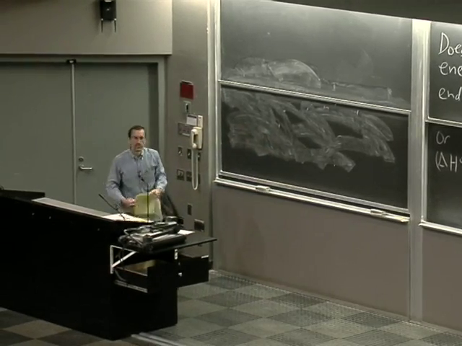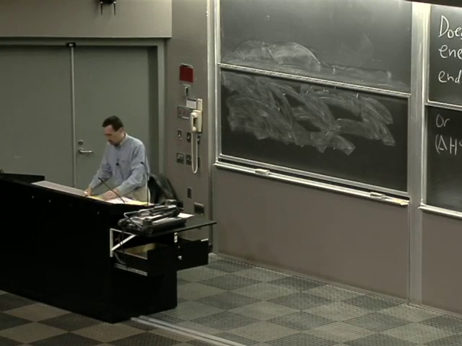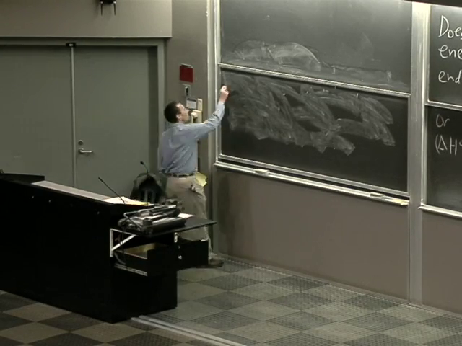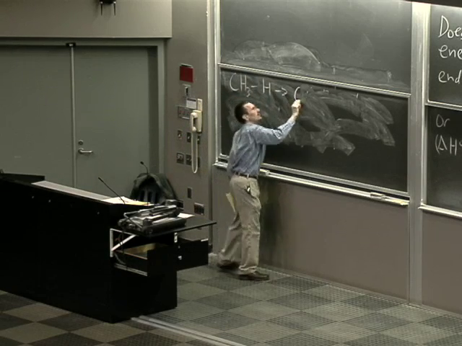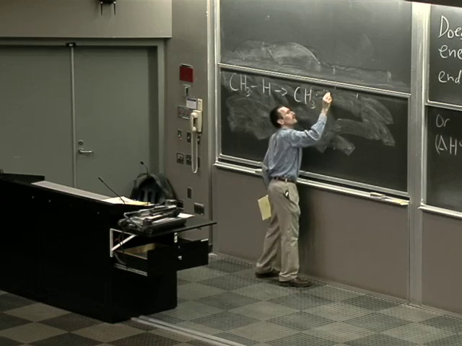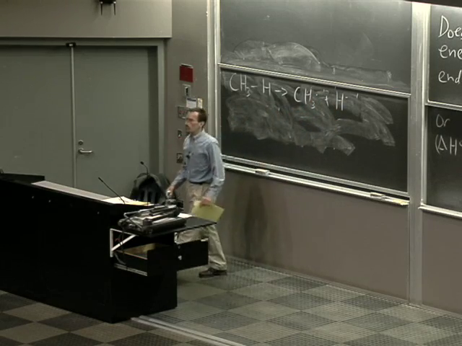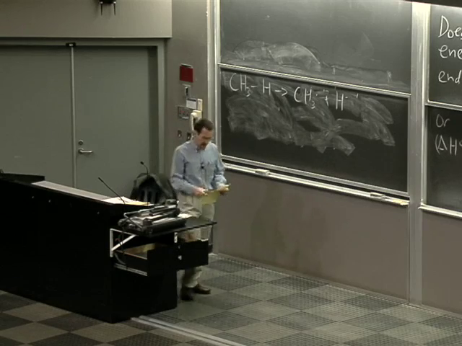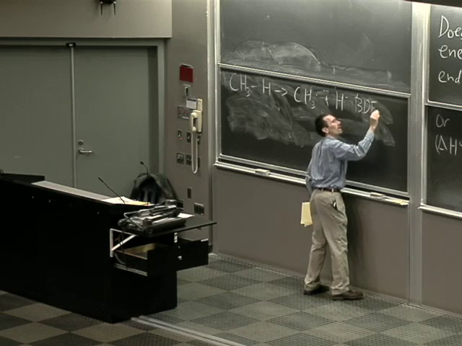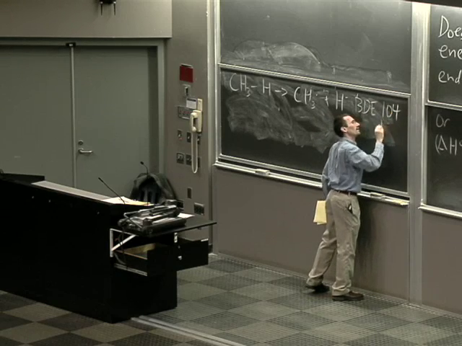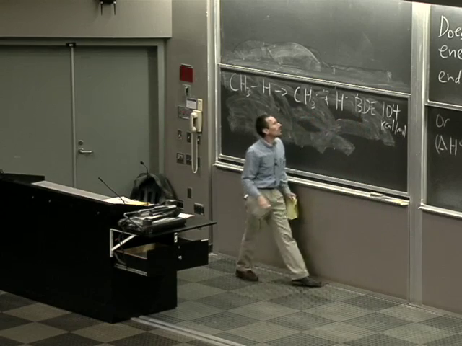All right, so 4 reactions that we have to worry about in this particular thought experiment. We already worried about breaking the methyl hydrogen bond. That we said we paid a price of 104 kilocalories per mole.